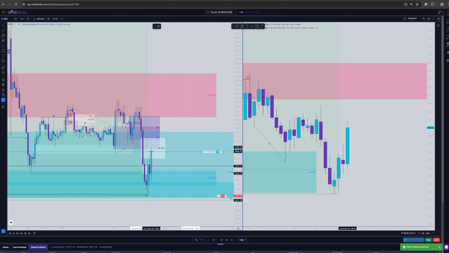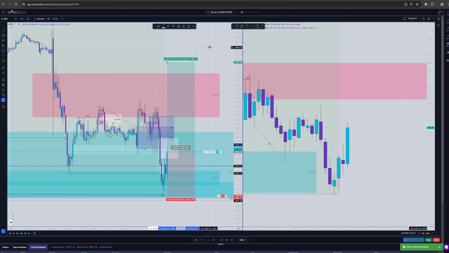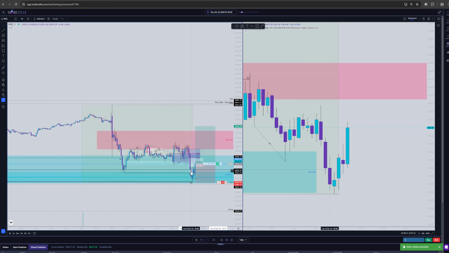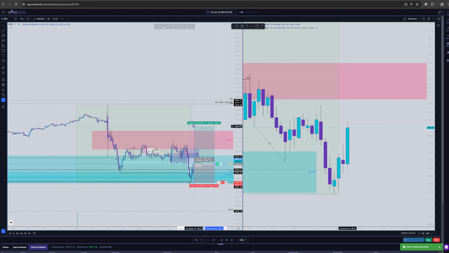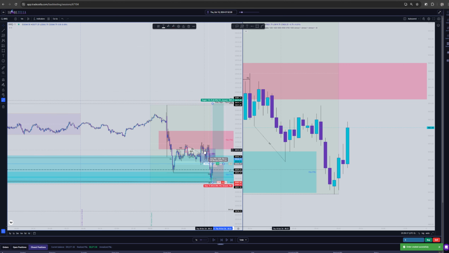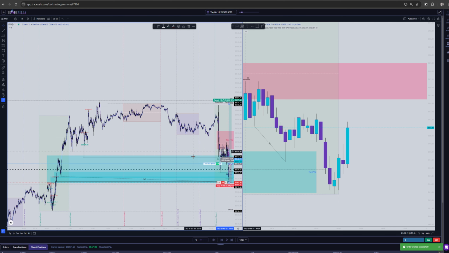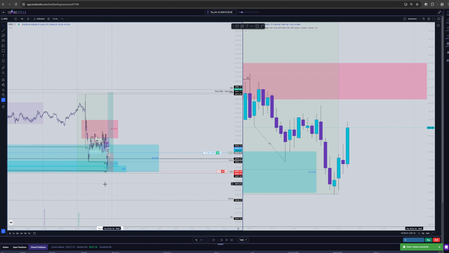Just hope it works out. Wow, that's actually pretty high for a 2-to-1 to be honest. And well, we got those equal highs. I think it can make it. If this is like, you know, accumulation, and then this whole thing is manipulation down.